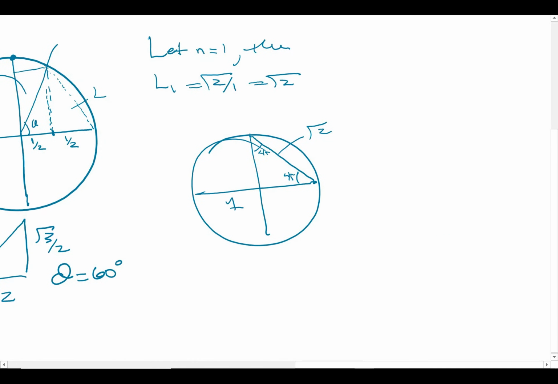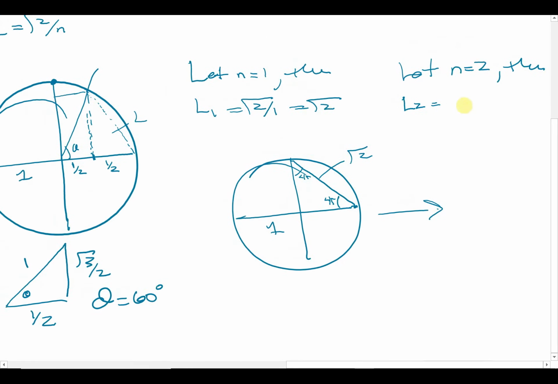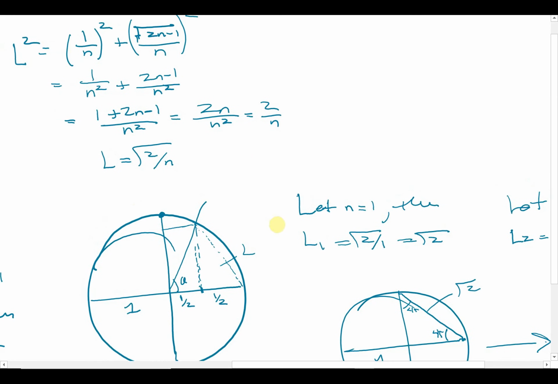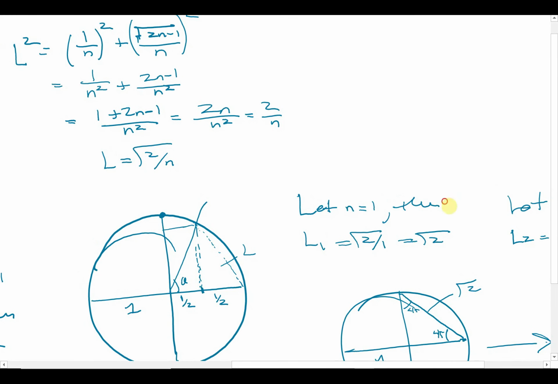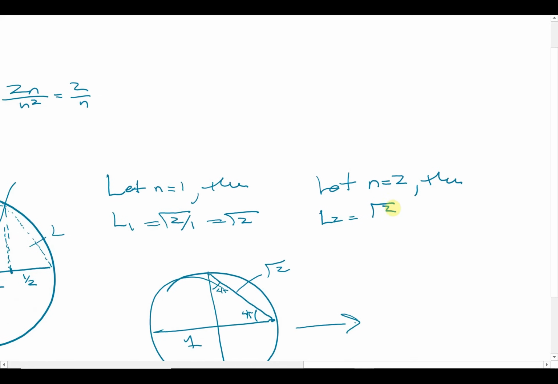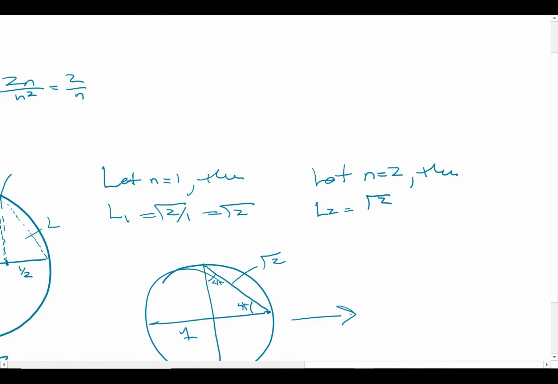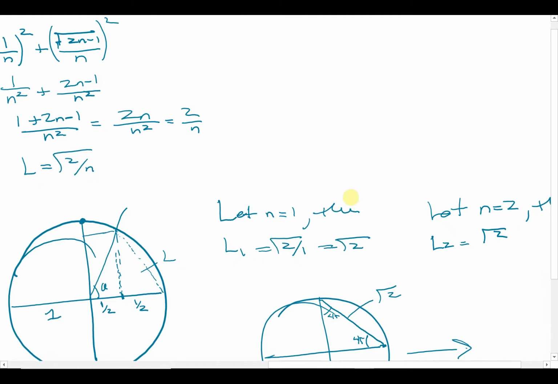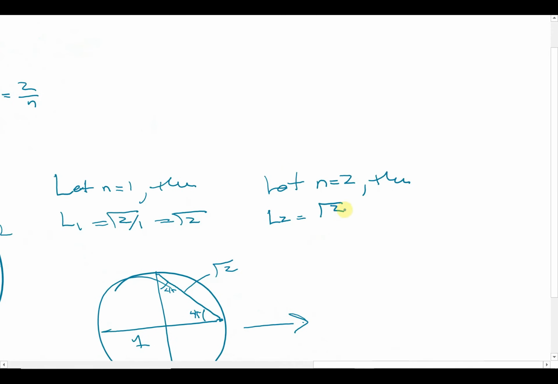But then we go to iteration, let's say 2. We let n equal 2. Then L2 equals, in this case, root 2 over 2. So it has to be square root of 2 over 2.